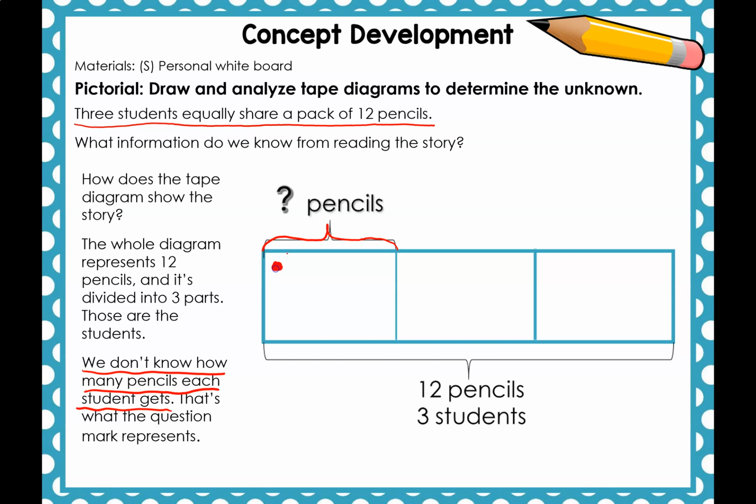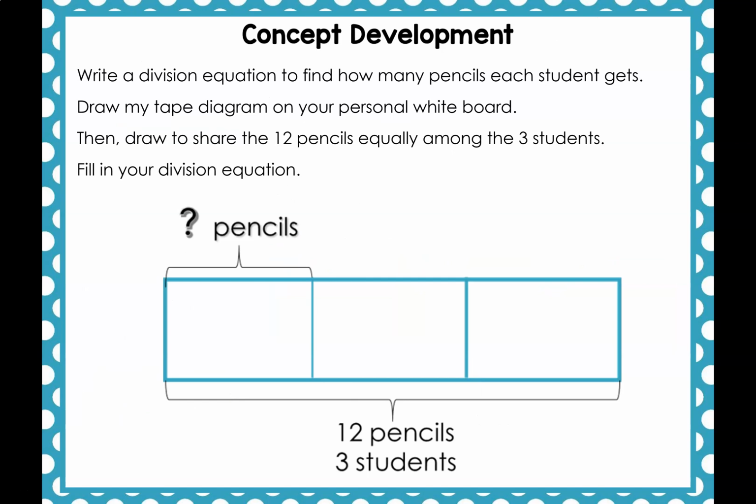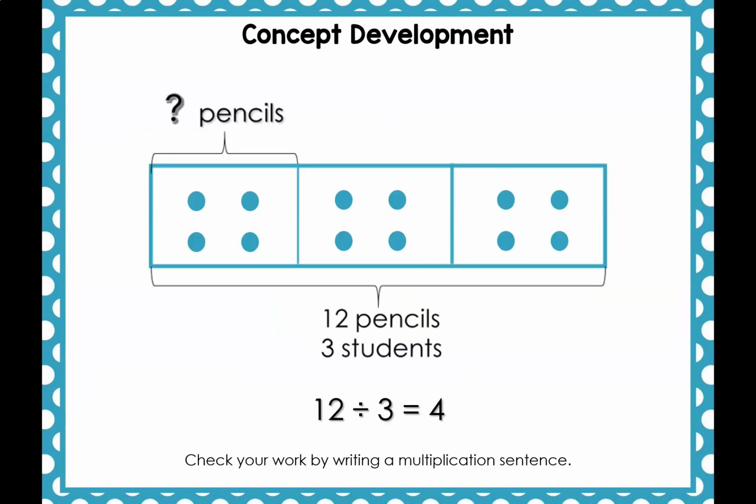Let's go ahead and do that. 1, 2, 3, 4, 5, 6, 7, 8, 9, 10, 11, 12. Did we find our missing information? Yes, we did. So we know that each student received 4 pencils total.